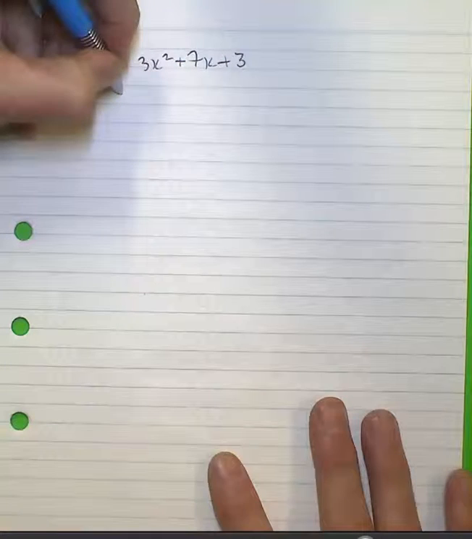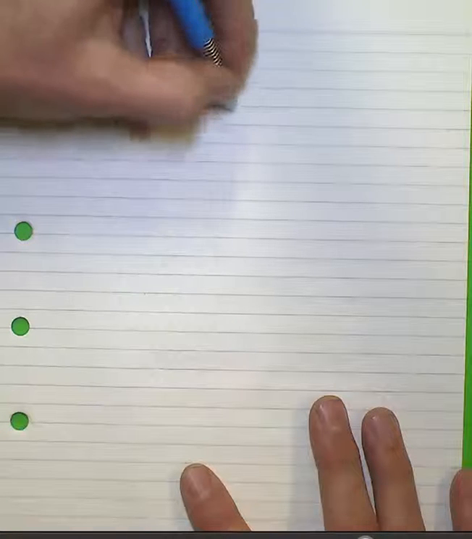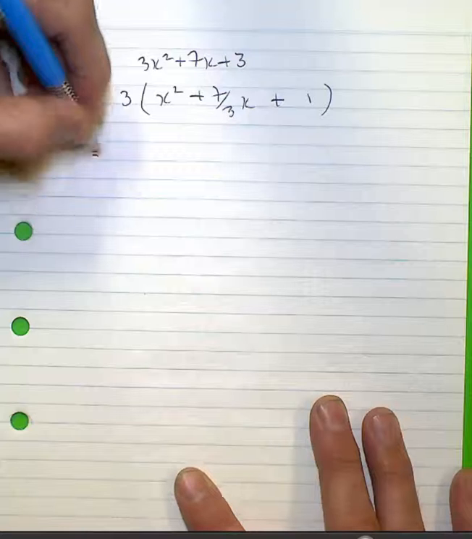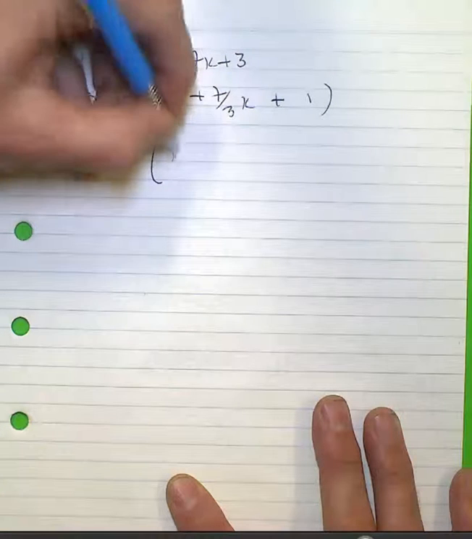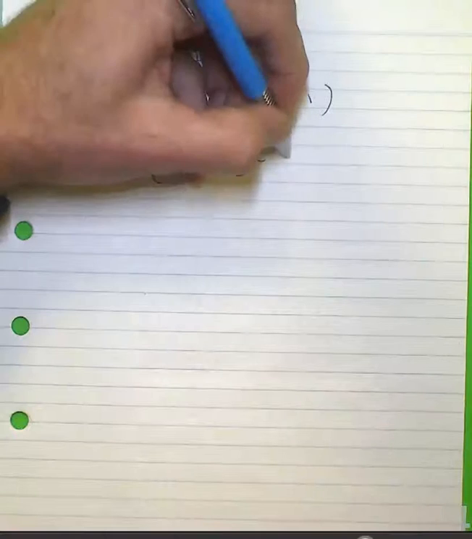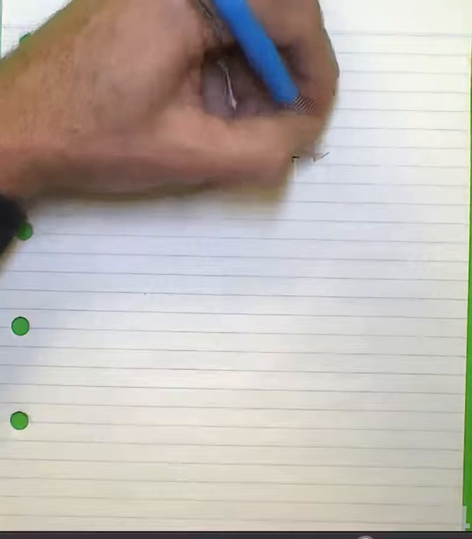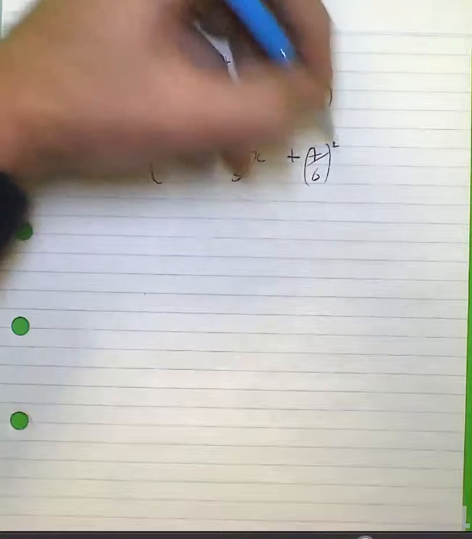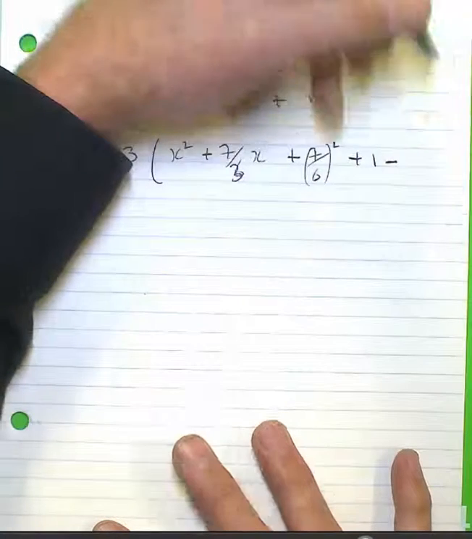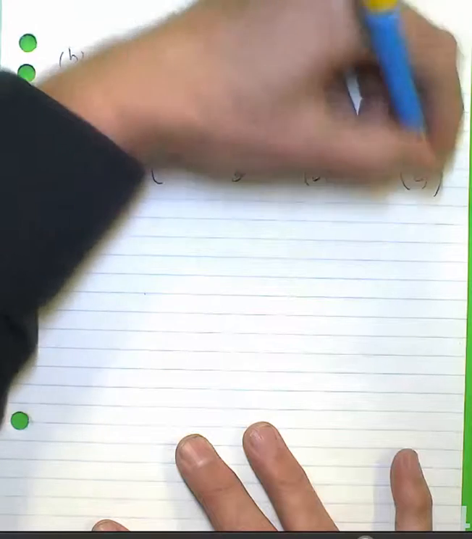What I'm going to do here, I've got to take a common factor of 3 out. Now, what that means is when I halve and square the coefficient of the x term, that gives me 7 over 6 all squared, plus 1, take away the 7 over 6 all squared.